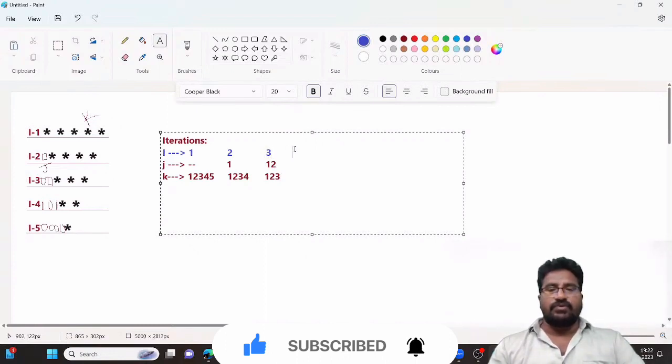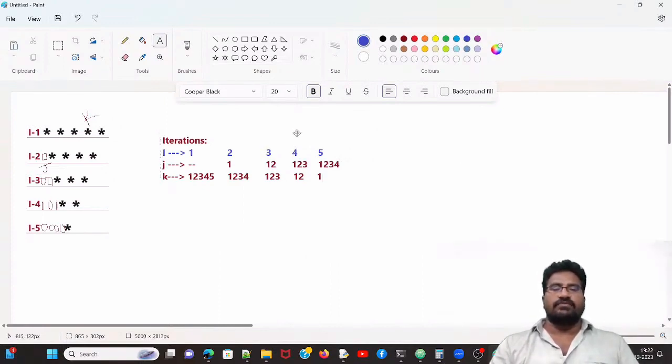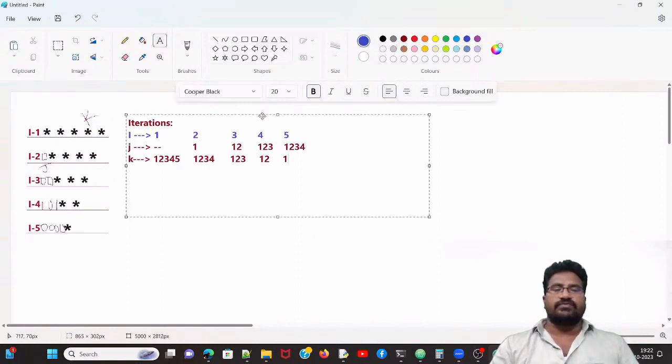When I value is 4, J iterates 3 times, 1, 2, 3, and K iterates just 1, 2, 2 times. When I value is 5, J iterates 4 times and K iterates only 1 time, like this. This is what we do.